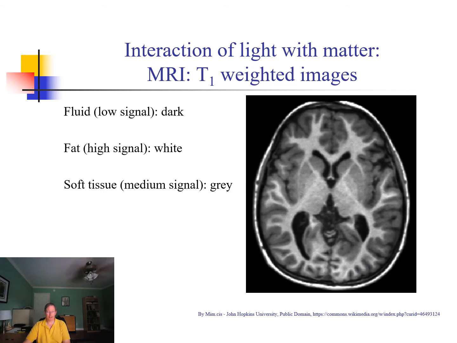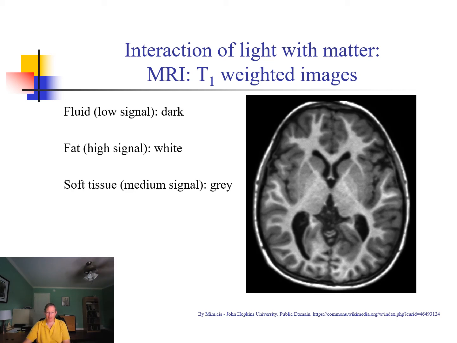So let's look at this. This is an example of an MRI. This is a slice through the brain that is a T1 weighted image. In a T1 weighted image, the fluid is going to be dark. The fat is going to be white. These are the white matter tracts, right? So these are the myelinated neurons, the axons that are going down.